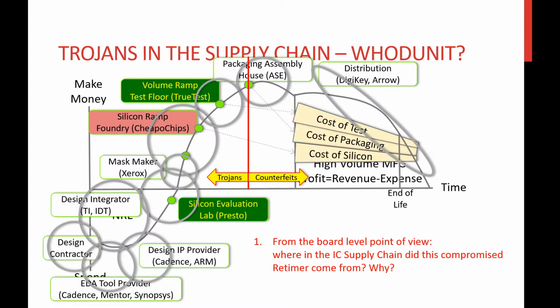The complex Trojan-infested retimers came from a rogue fab foundry with their own ASIC design group, because the part has too much Trojan content to have come from a legitimate design organization that supplied retimers.